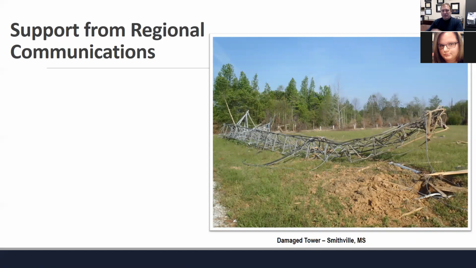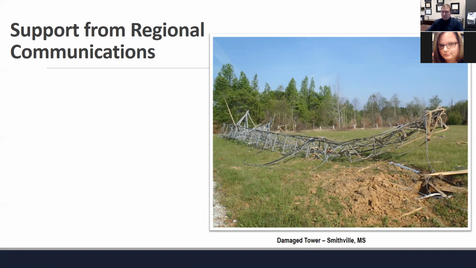The other challenge is anytime a large storm comes through an area, it can take down radio antennas. Why that's important, certainly it's important for emergency communications, but it's also important for cell towers. If it takes down multiple cell towers, your cellular phone is just not going to be of any use.